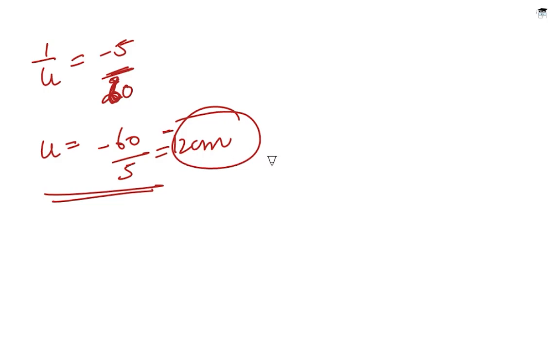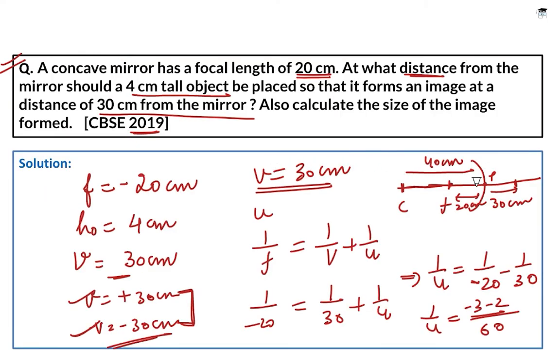As I already told you, U has to be somewhere between 0 and 20, because only when the object is placed between focus and pole do we get a virtual image, an image which is formed behind the mirror. And here the image is formed behind the mirror because we have taken V to be positive 30, and positive means V is on this side. So the object is here somewhere at 12 centimeters. Negative means it is in front of the mirror, obviously.